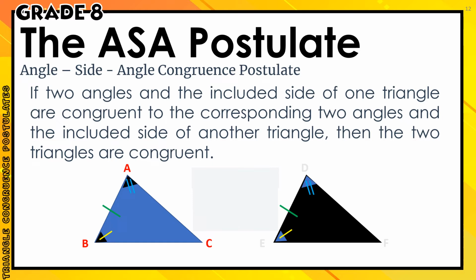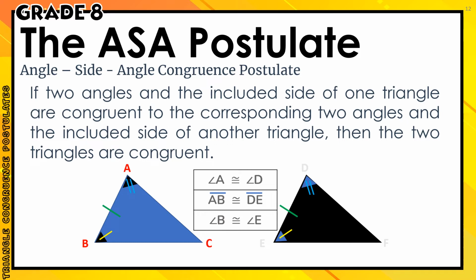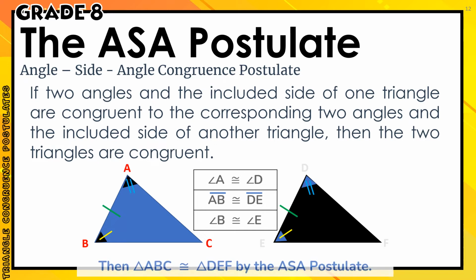By just simply looking on our figure with the help of the markings, yung single line and double line sa angles at sa side, we can actually tell that angle A is congruent to angle D, side AB is congruent to side DE, which is the included side, and angle B is congruent to angle E. We can definitely say that triangle ABC is congruent to triangle DEF by ASA postulate because we have two angles and one included side.